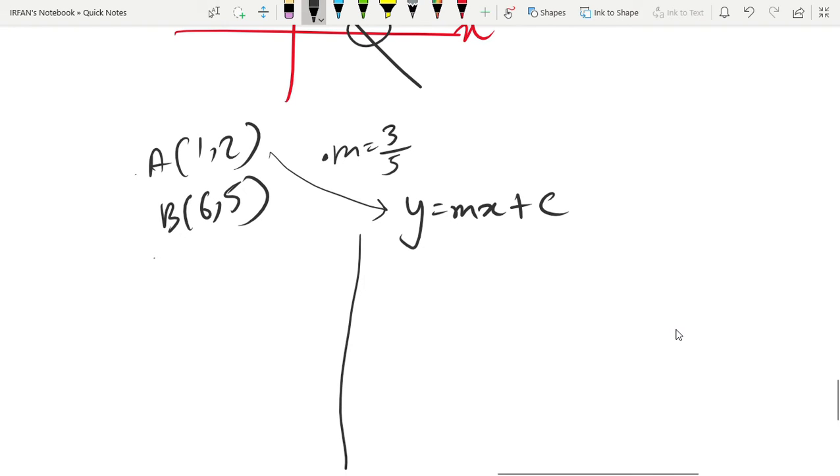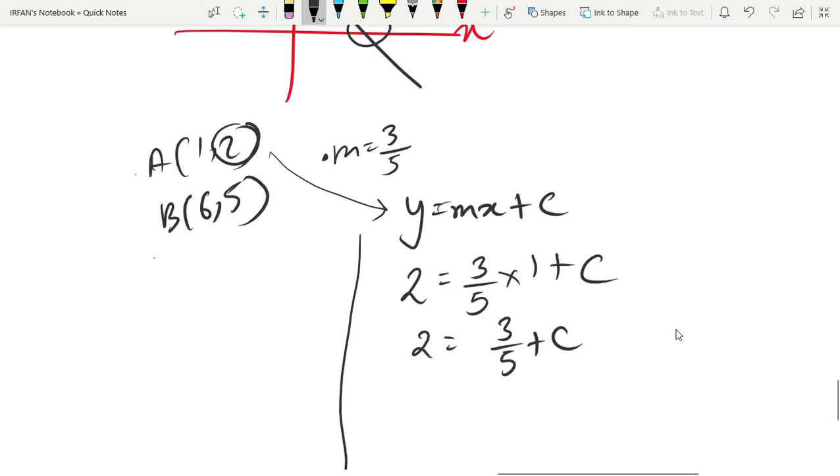To find c, instead of y, I'm going to put 2, and instead of m, I'm going to put 3 by 5, and instead of x, I'm going to put 1, plus c. So it should be 3 by 5 plus c. So c equals 2 minus 3 by 5.